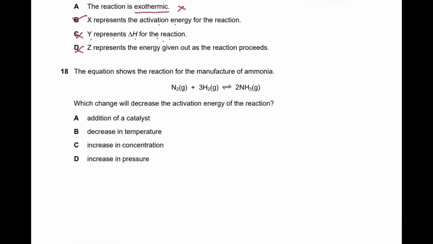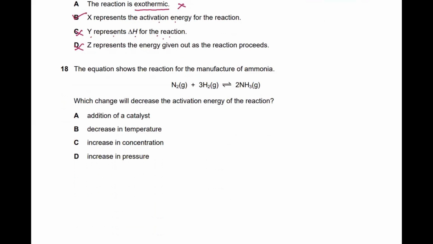Moving on to question number 18, it's related to the Haber process. The equation shows a reaction for the manufacturing of ammonia, where N2 plus 3H2 gives you 2NH3. Which change will decrease the activation energy of the reaction? Yes, addition of a catalyst.